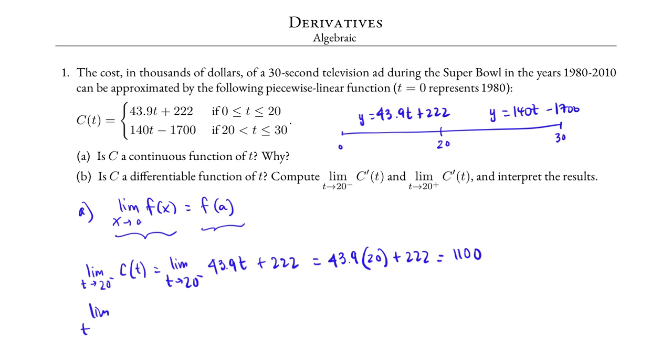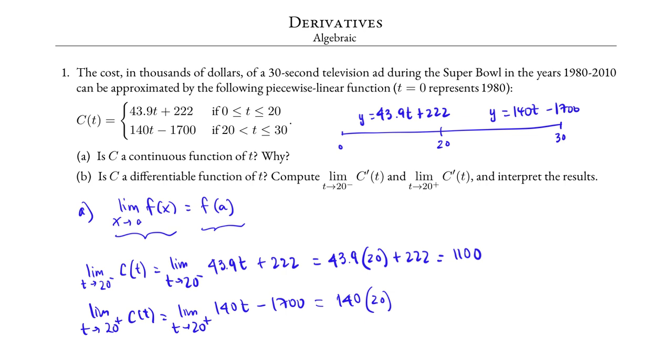For the right-hand side limit as t goes to 20 from the right, we would use the second piece on the right-hand side of 20, which is 140t - 1700. Similar to the previous limit, as t goes to 20 from the right-hand side, think of it as 20.00001, which is again almost 20.